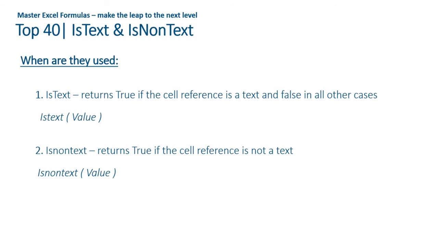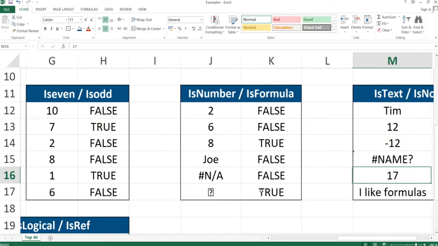ISTEXT returns true if the specified value is text. If it's not text, it's going to return false. ISNONTEXT does exactly the opposite. It returns true if the specified value is not a text, and false in all other cases. The example is here.